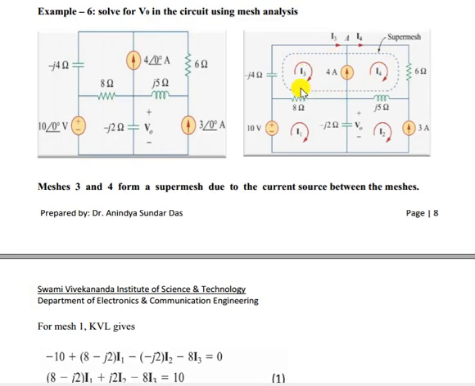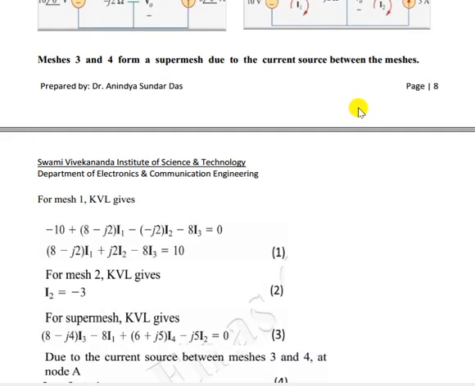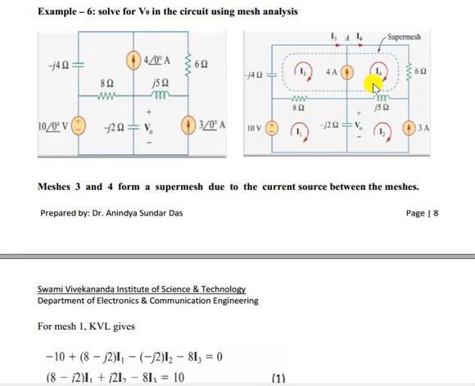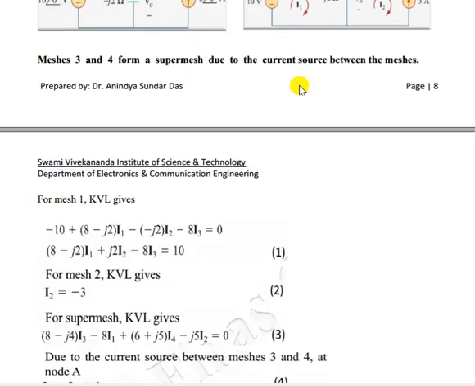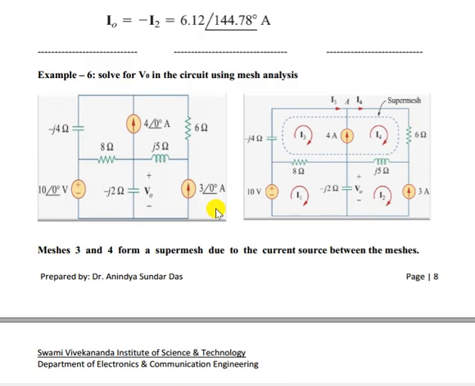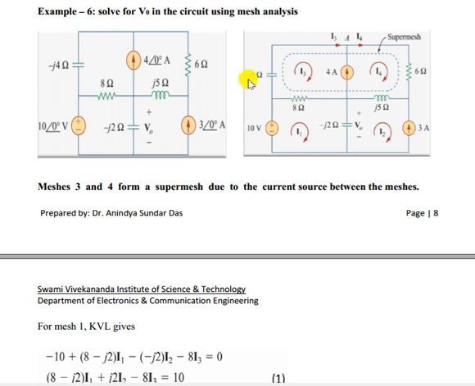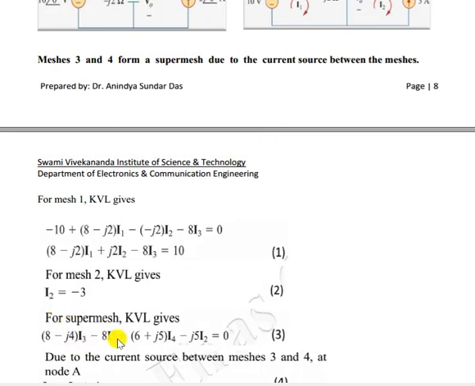Now we have to write KVL of this super mesh. Now for super mesh, what we can write? This I3 and I4. So I3 is flowing through these two branches. So that is 8 plus J4 I3. No, it is minus. So minus J4 I3.